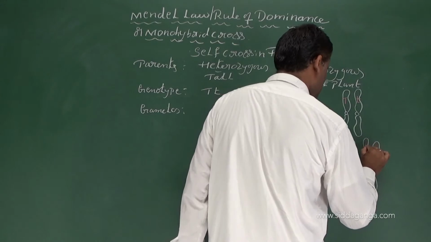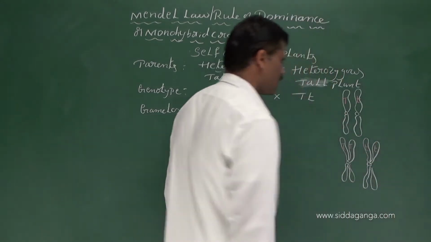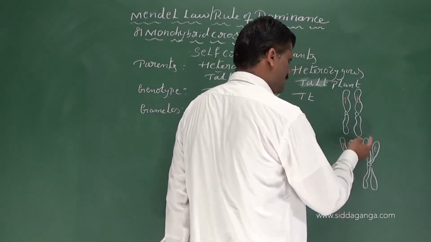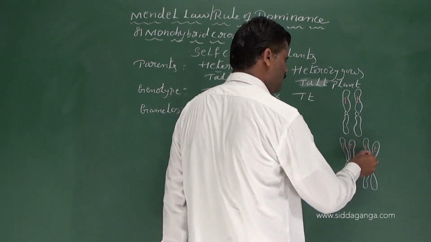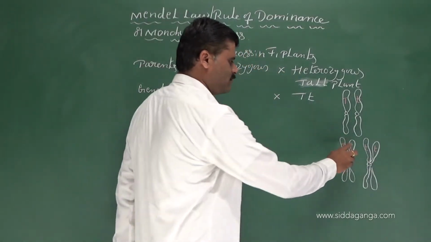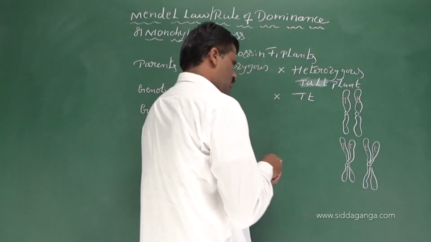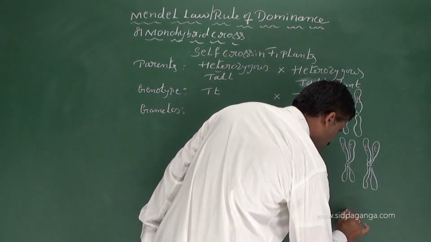Capital T, small t, small t. Okay. There may be exchange of genes. This gene will come here, this gene will move here. I told you in meiosis, exchange of genes occurs between the two homologous chromosomes, right? If it occurs, then also no problem.